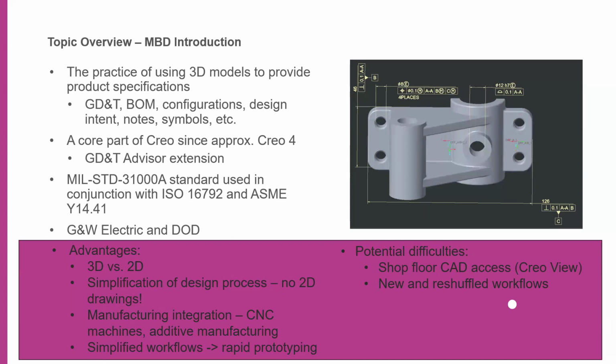The third advantage, and I think this is a big one because this is only going to get more and more relevant as we go forward in the future, is manufacturing integration with CAD. Going back a decade plus, certain manufacturing operations are programmed directly from CAD: CNC machines, 3D printing and additive manufacturing are done either in the CAD file or at the very least using a 3D file in a different program.